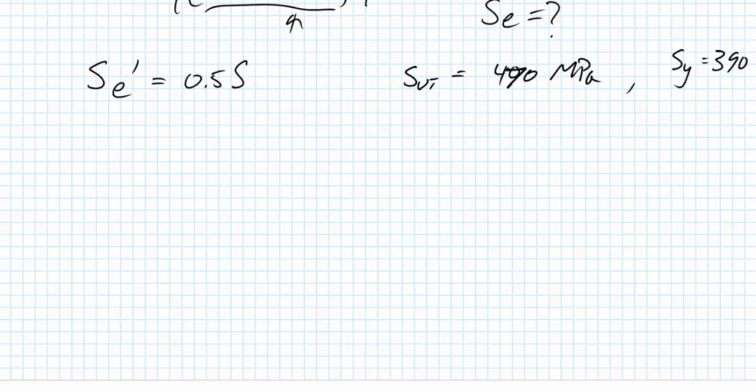So this works well within our 50% of the ultimate strength range. So our hypothetical endurance strength, to start off with, is 235 megapascals.